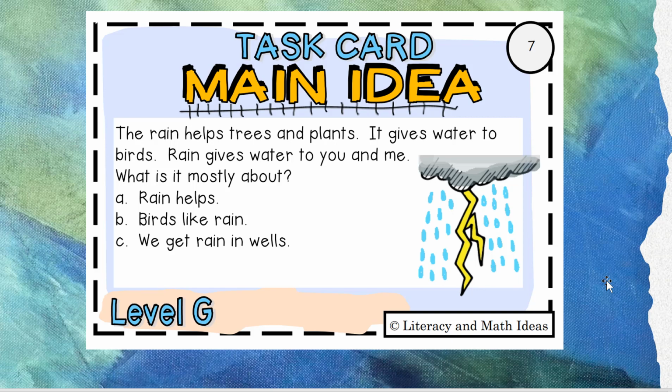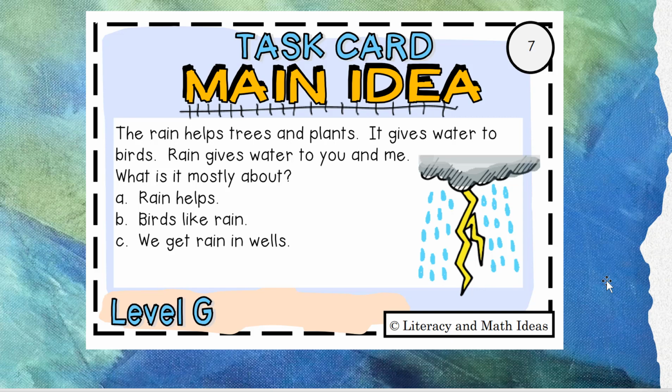Now, it does not spend most of the time talking about birds like rain. Only one sentence even says anything about birds, and it says that it gives water to birds, but it does not say anything about how birds feel about the rain. Letter C, we get rain in wells. So we know a well is a place where you collect water.